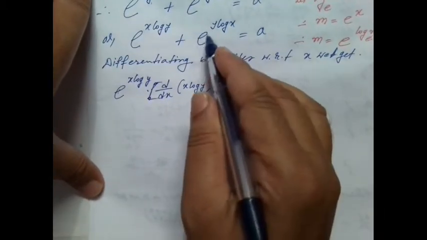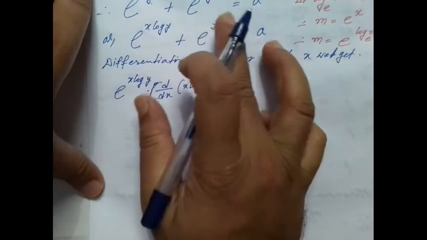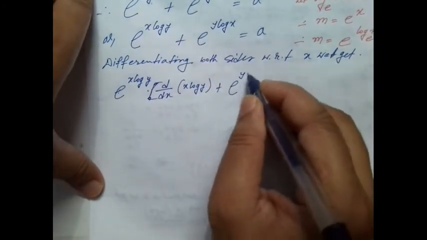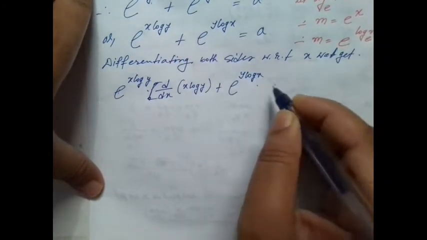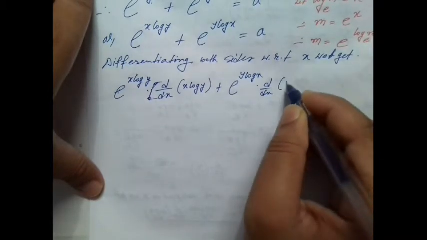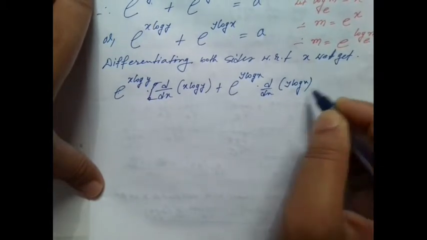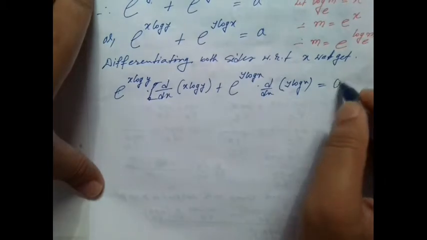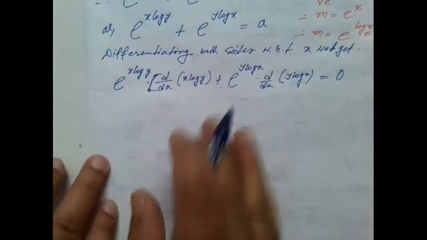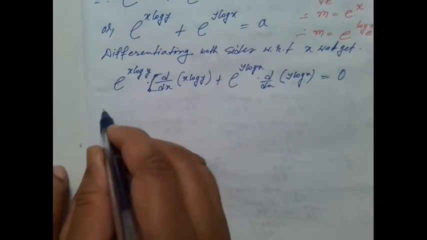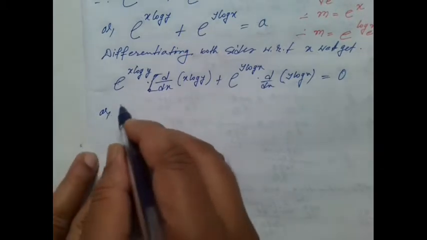Same here, the derivative of e to the power whole thing as x is e to the power x, then d dx of what we have taken as x, equals the derivative of a, which is 0.